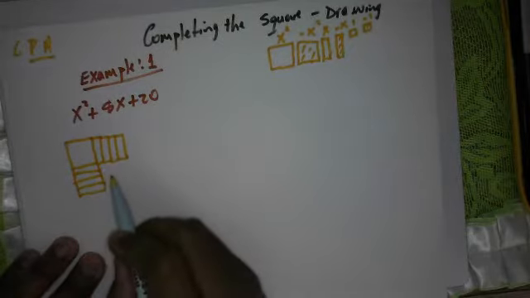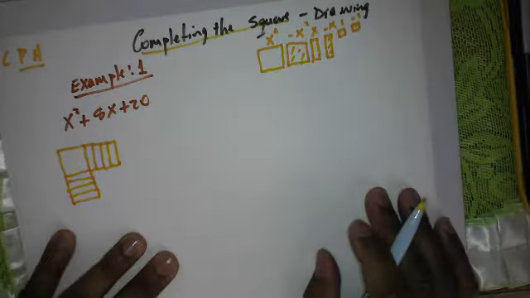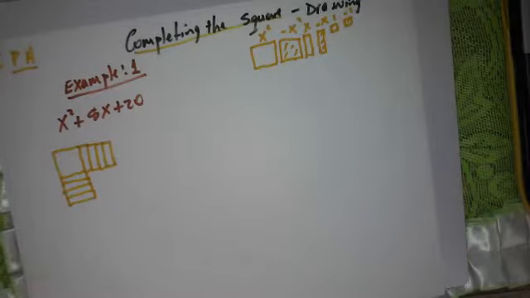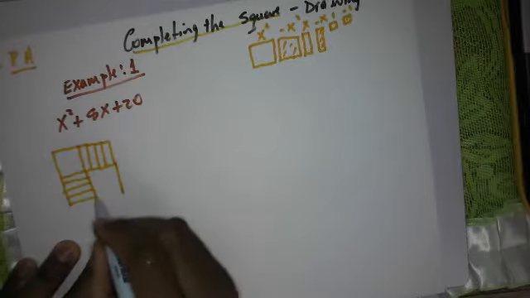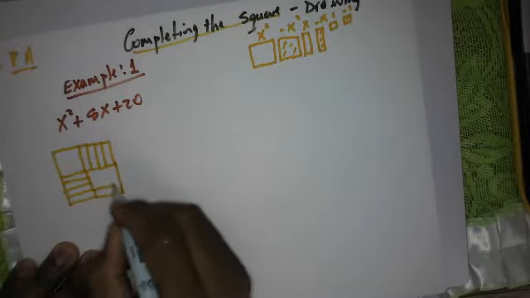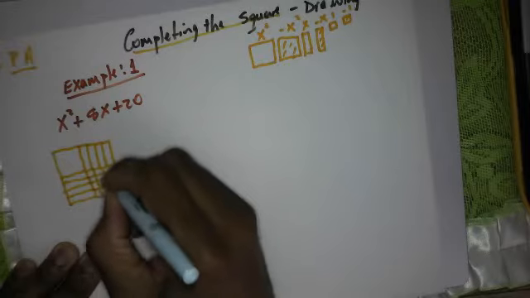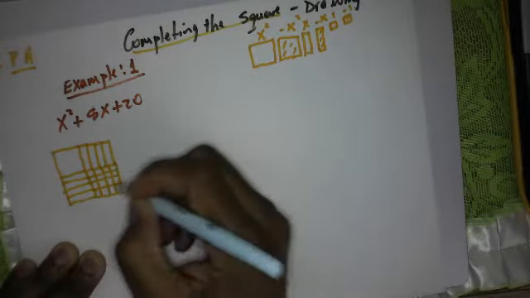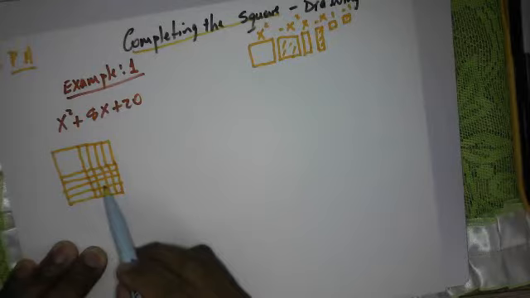Now I need to complete the square. That's why the topic is called completing the square. But how many pieces do I need to complete the square? To tell, I extend this, this, and this, then I extend this, this, and this. The number of pieces here is how many pieces I need to complete the square.